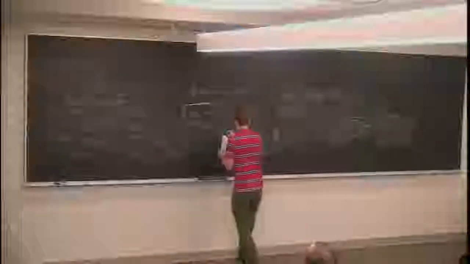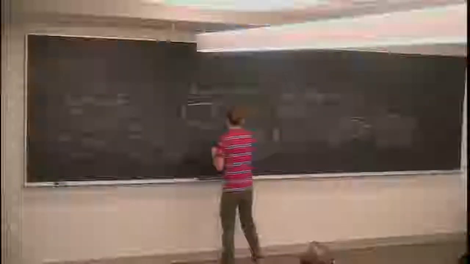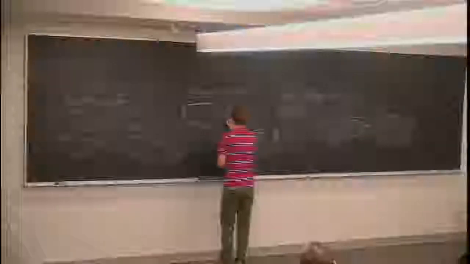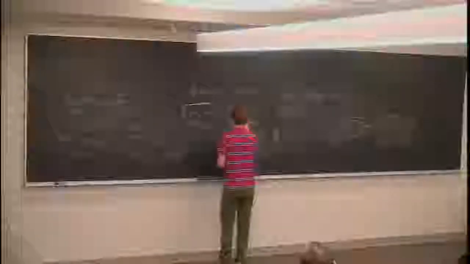And so you have your bulk bands. So you have your states which come from the bulk, and these are basically the same even with boundaries, the states of the bulk. Then you can also have edge states, which are states associated with electrons that are moving near the edge.